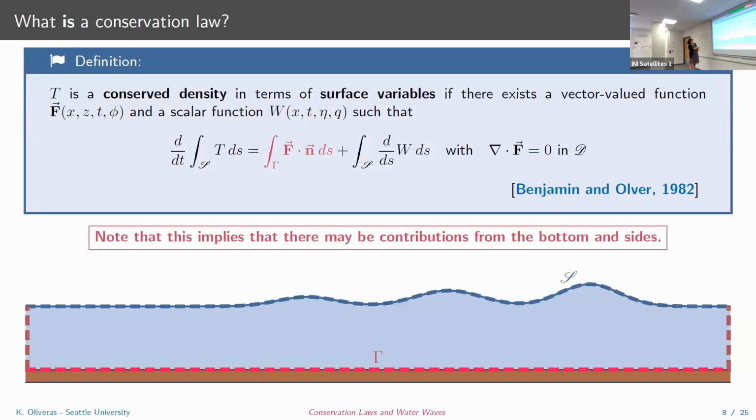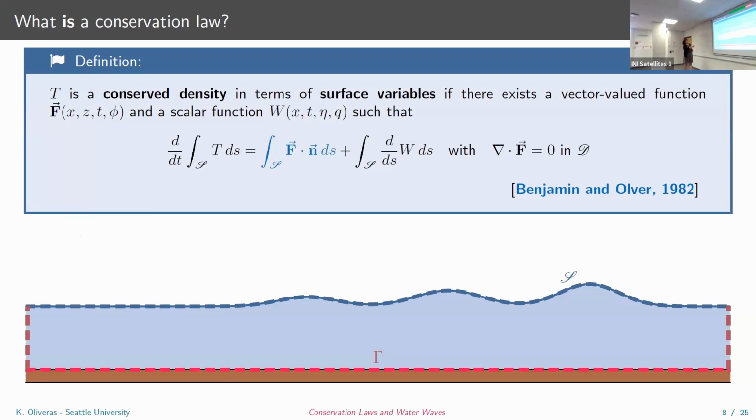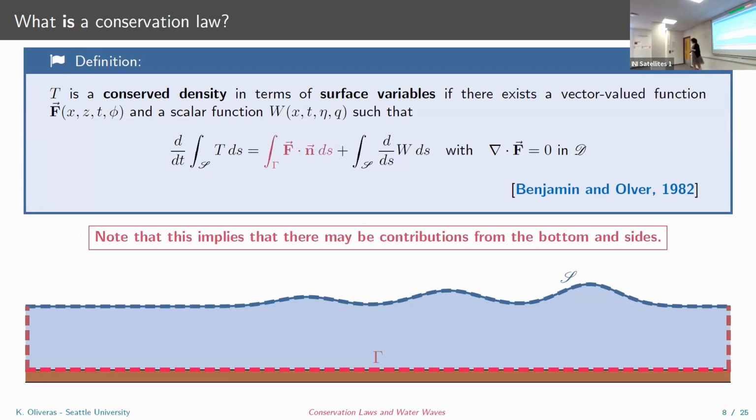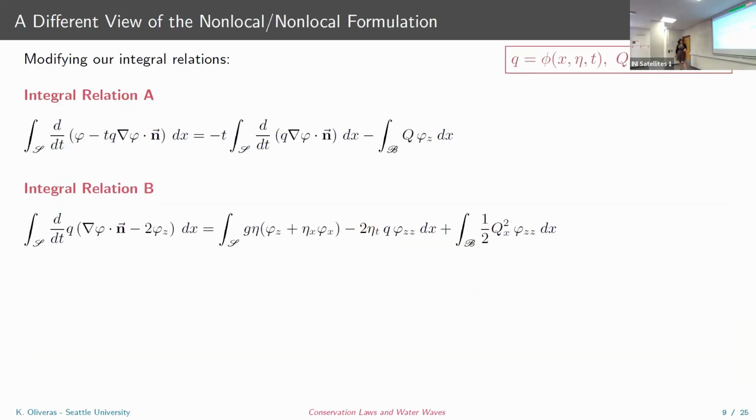Meaning what was a contribution at the top, because the divergence theorem says the full integral would be 0, means that I can relate this surface integral to quantities at the bottom and sides. Okay. So when I find a conserved density, there may be this sort of flux that has information about what's going on at the bottom and side walls.